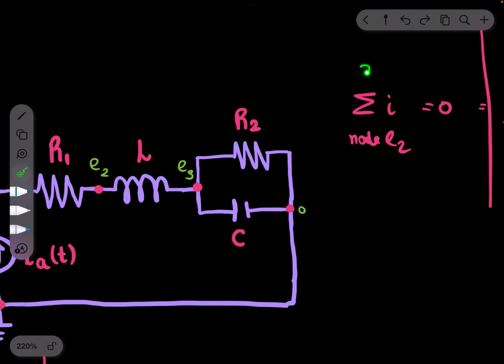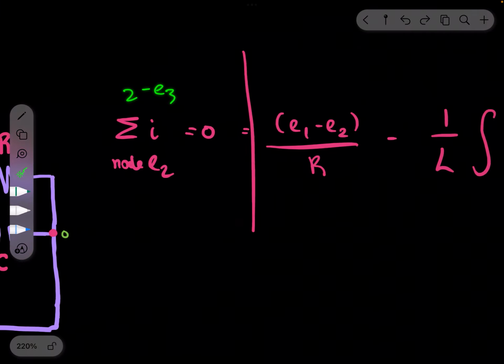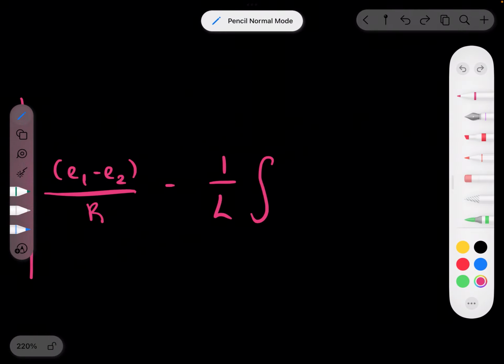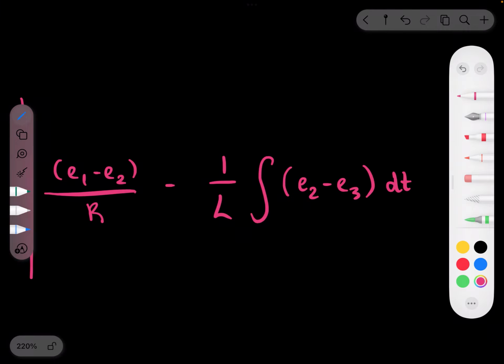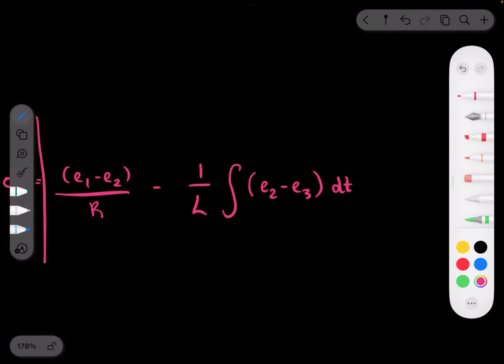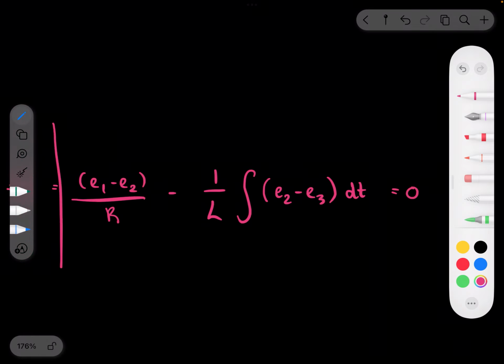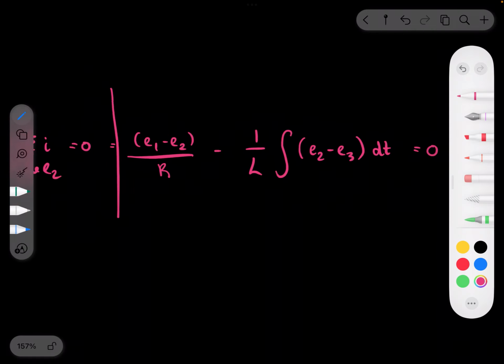So here, we're going to be writing E2 minus E3, and then dt because we're integrating. Okay, so this would have to equal 0.